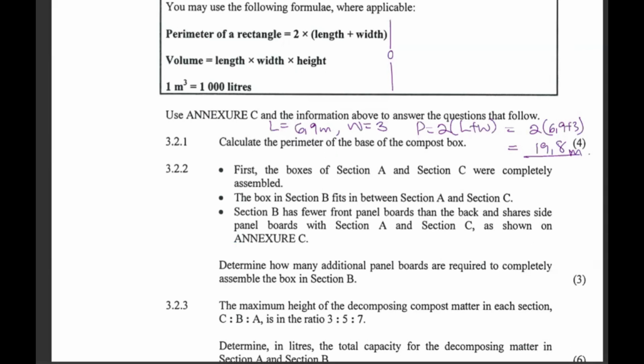The box in section B fits in between section A and C. Section B has fewer, take note of that, fewer front panels than the back and shares the panel boards with section A and C, as shown on the next annexure. Determine how many additional panel boards are required to completely assemble the box in section B.